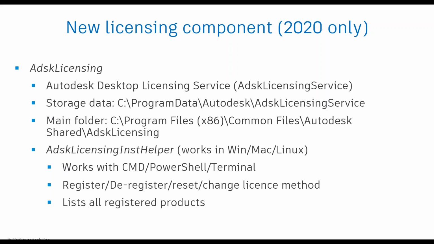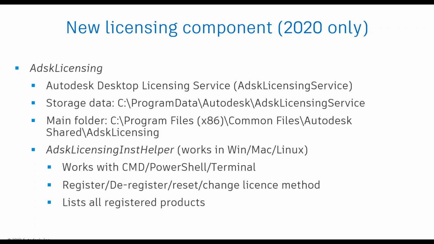So there are a few things to remember when we start looking into what the Autodesk licensing component is built with. When we install the software, this desktop licensing service appears in your system.